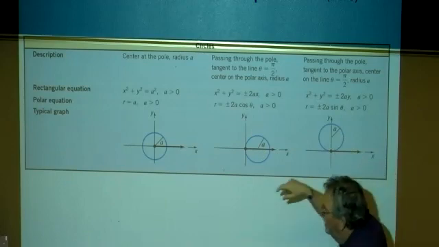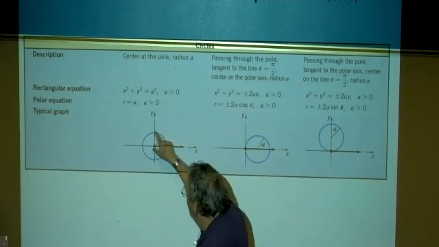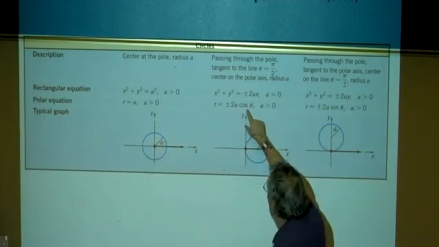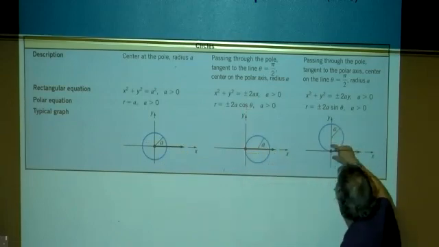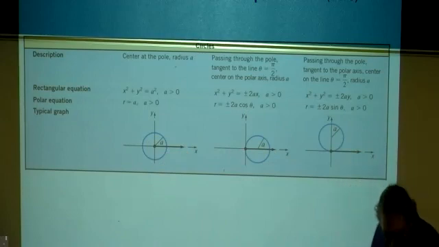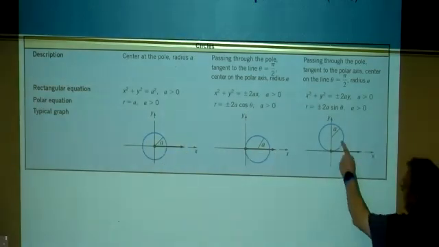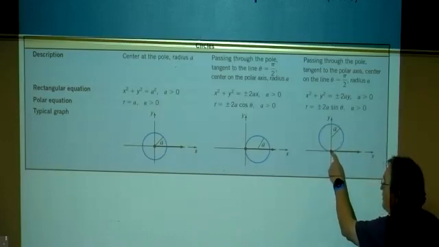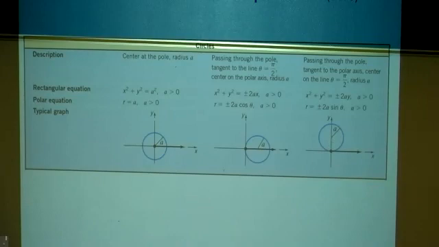And if it's centered at 0, then it's just r equals whatever the radius is. The cosine takes you away from the pole, as does the sine. They didn't look at the types when the circle doesn't hit the pole, or the center is somewhere not on either axis.